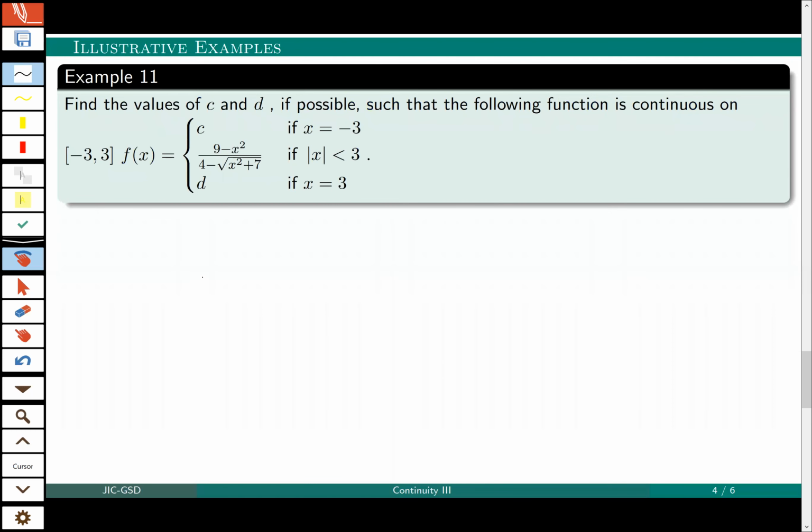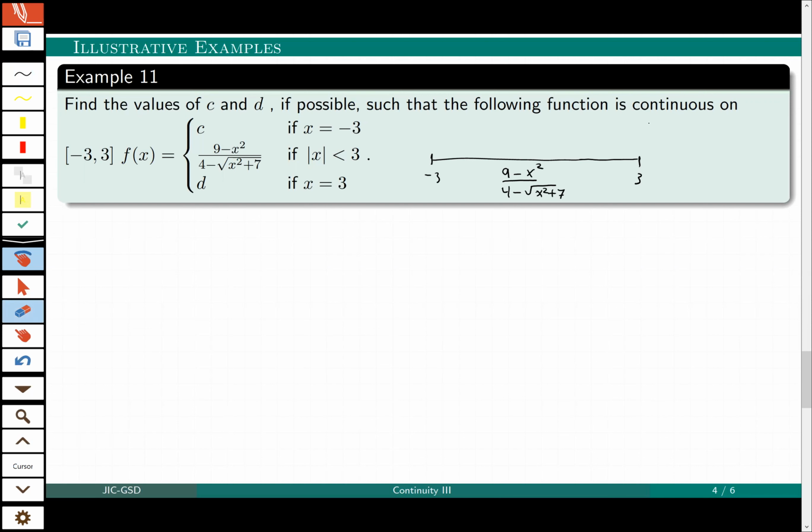Going to the questions, here it says find the values of C and D that make the function continuous. So here we have minus 3, we have plus 3, and in between we have 9 minus x squared over 4 minus root x squared plus 7.